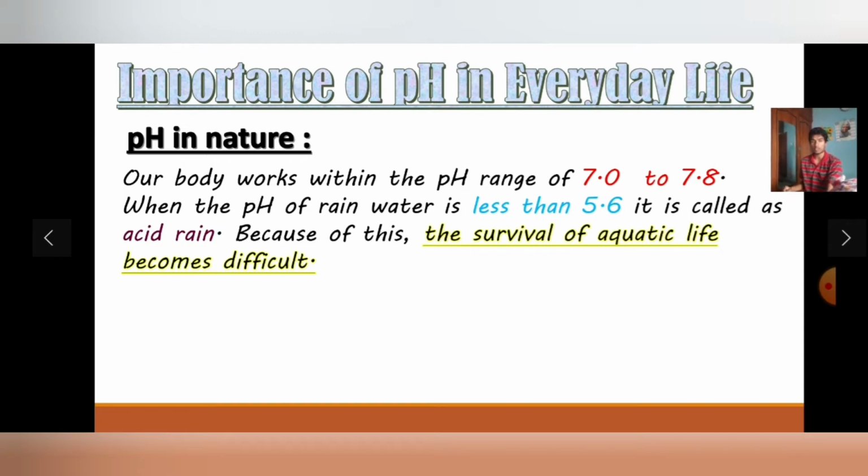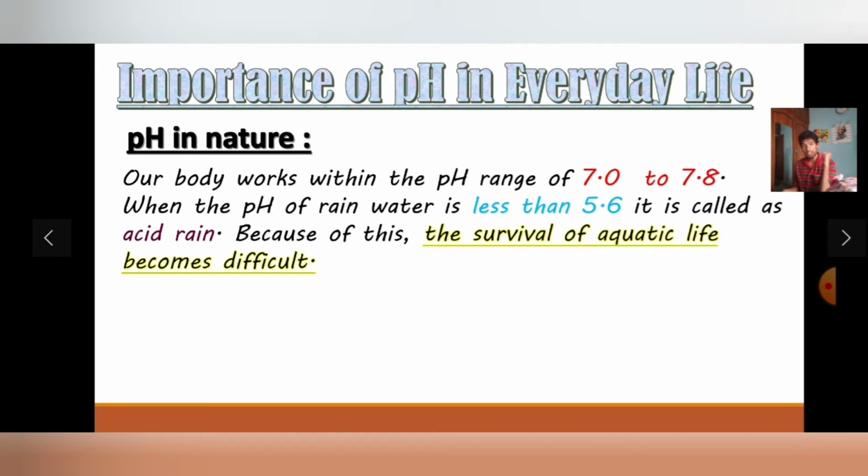This happens because of the emission of acidic gases from the factories, which form clouds and fall as rain in some places where there are a number of factories present. So this is a very dangerous phenomenon and it can cause deaths on a large scale.